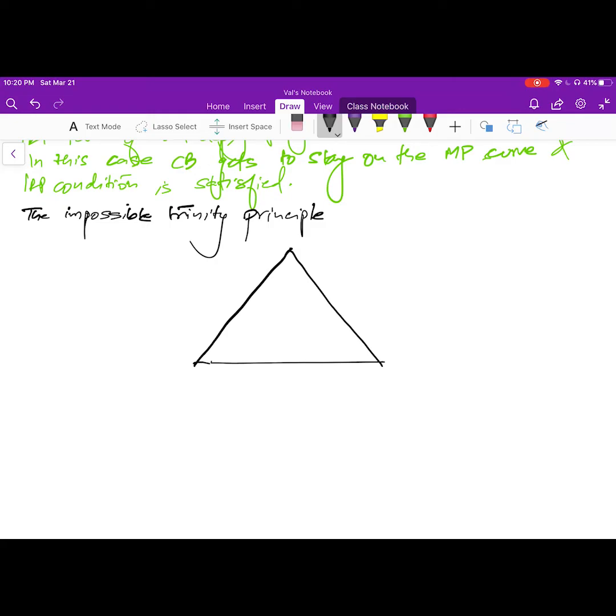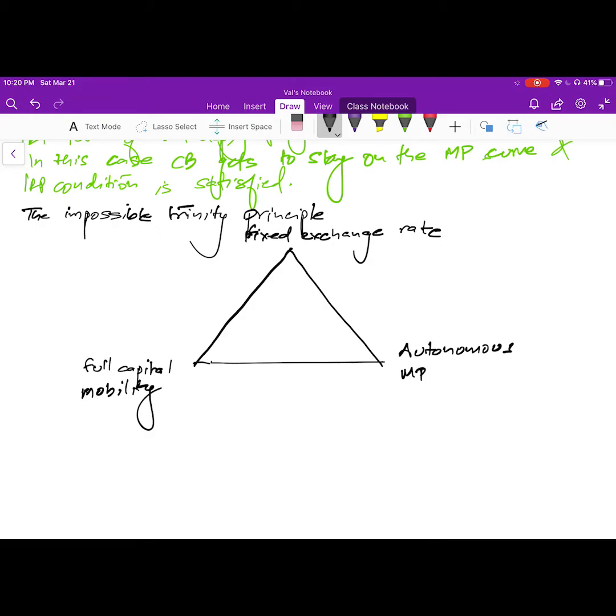The top side is fixed exchange rate. One of the other areas is full capital mobility. And of course, the third leftover point of the triangle is autonomous monetary policy.